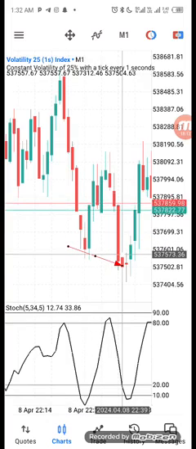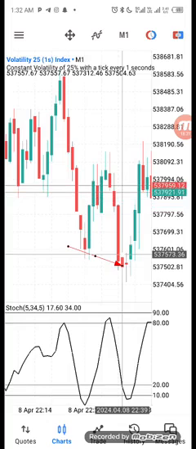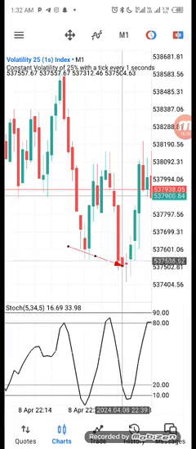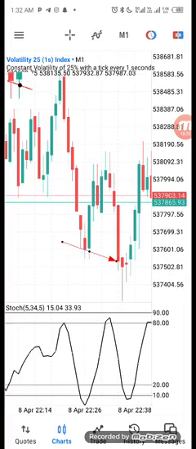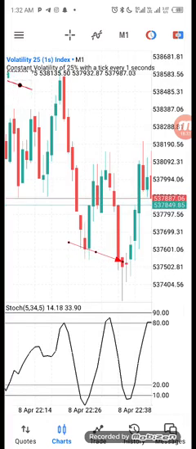Can you see? At the time this formation happens, our stochastic line is touching 20. Now, if we want further confirmation, we may ignore it and wait for another candle to form, to see whether there's going to be another candlestick pattern.